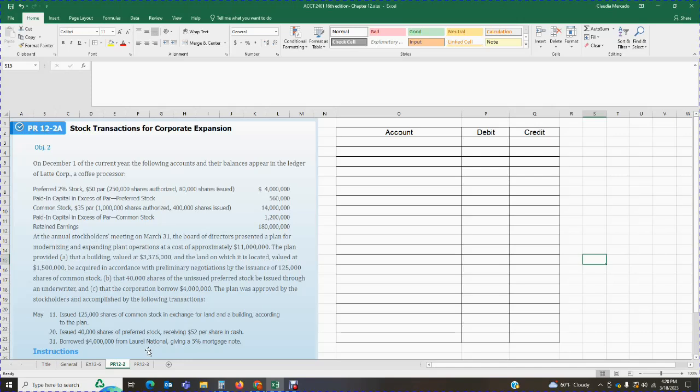Okay, it states, on December the 1st of the current year, the following accounts and their balances appear in the ledger of Lat Corp, a coffee processor. Okay, we have preferred 2% stock, $50 par, 250 shares authorized, 80,000 shares issued. We've got $4 million in our books.